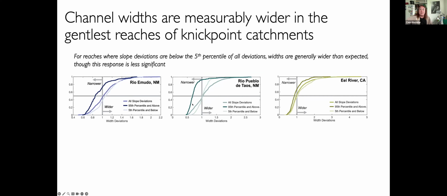Demonstrated that local deviations in channel slope and width might also capture reach scale differences in threshold across single channels. But that there might be important magnitudes or length scales of perturbations that are required to drive measurable width adjustment in these settings. And ultimately attributing these drivers, because there are so many different ways that we can vary threshold, so many different ways that our rivers can adjust, is an outstanding challenge, but it's also an exciting one to be working on.